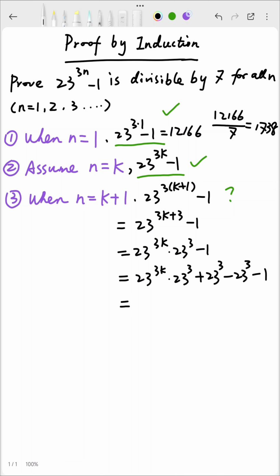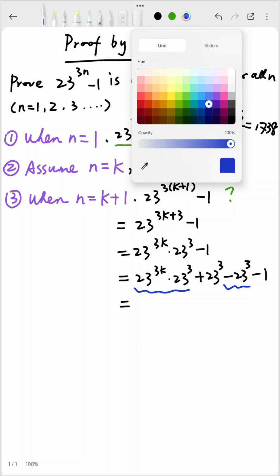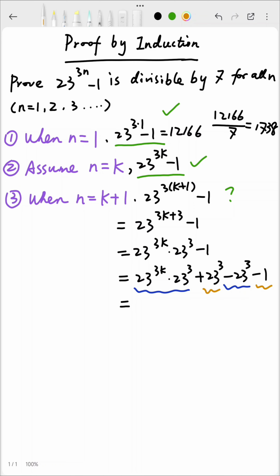And now I'm going to use a different color, and I would like to show you I created two groups. So for the blue one, the common factor they've got is 2^(3k). So take that out. And for the brown one, I'm just going to put them together like this.